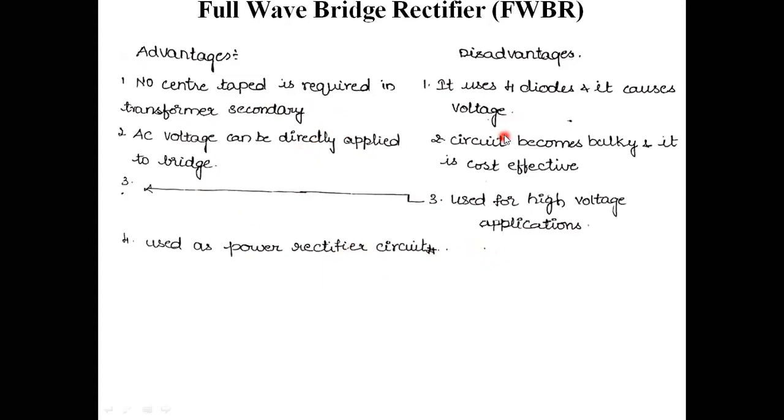Whereas the disadvantages: four diodes are used, and this circuit consists of four diodes, and therefore it is a complex circuit, and it is cost effective. These are the advantages and disadvantages of the bridge rectifier.